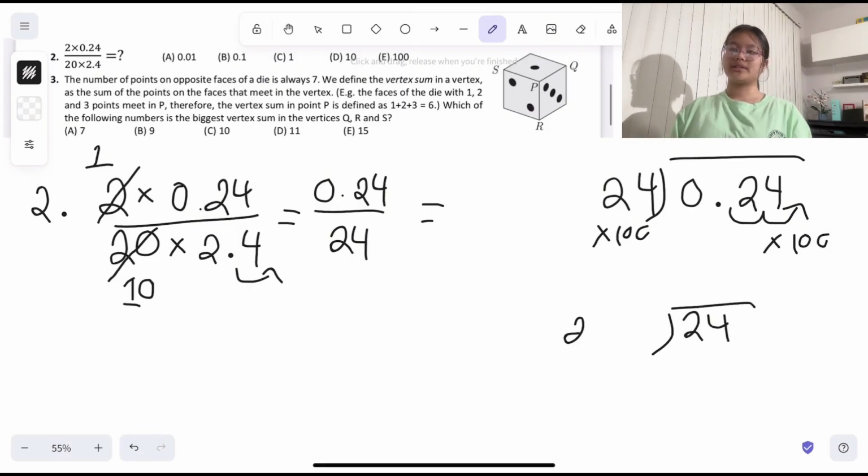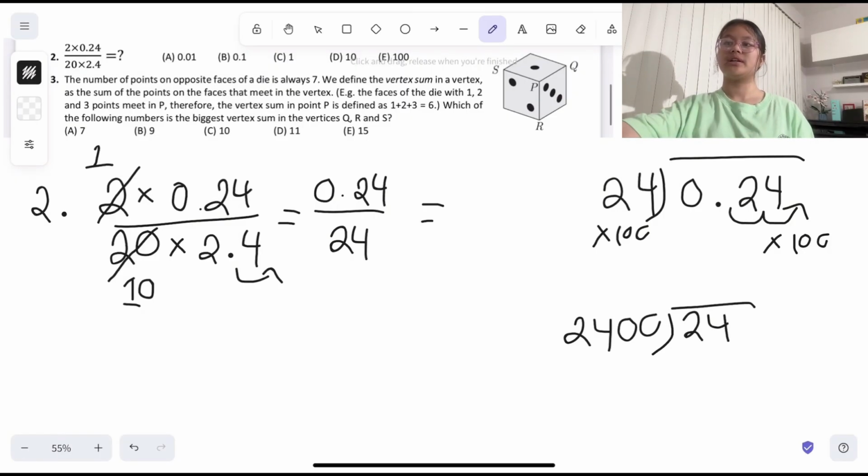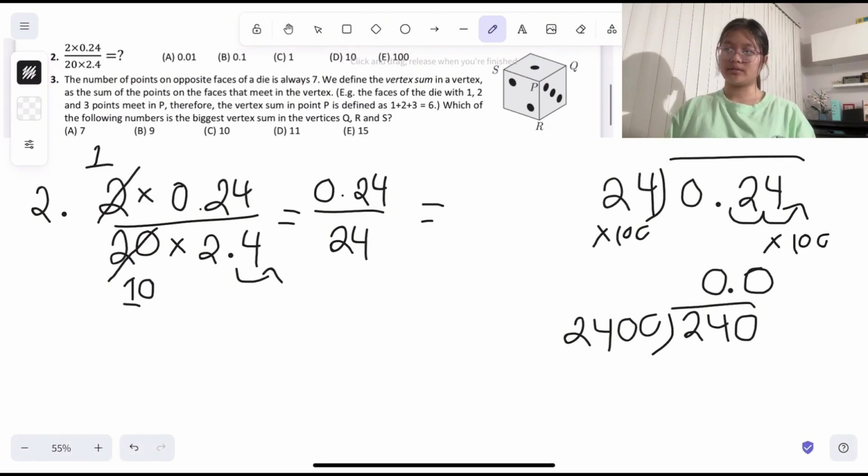Alright, so now we can see if they have similar factors. Since 24 doesn't go into 2,400 at first, we write 0, and then we put in the decimal point. And then another 0, because it doesn't go in. So now it does.